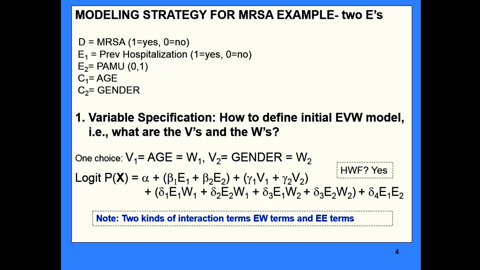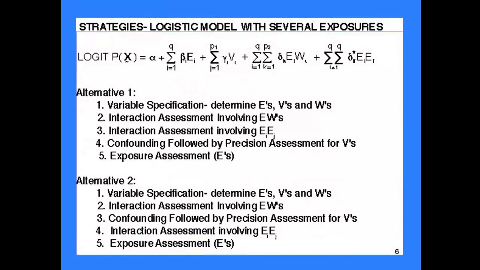So there are some options about how you might deal with this problem. It's an extra nuance in dealing with several exposures. And there are more nuances. That's one reason why I'm not going to spend the whole class talking about all of this. But I pointed out that based on that model, which is a simple model because I could have had 10 exposures, there were two different kinds of interaction terms.